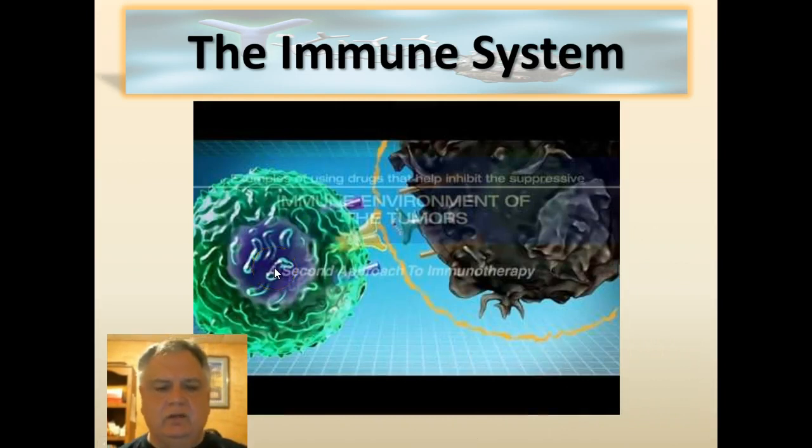This is a video that you can watch. I'm not going to go over it here in the screencast. Remember, we talked about natural killer T cells giving us defense against cancer cells. And the question becomes, why do people get cancer if we have an immune system that can destroy cancer cells?